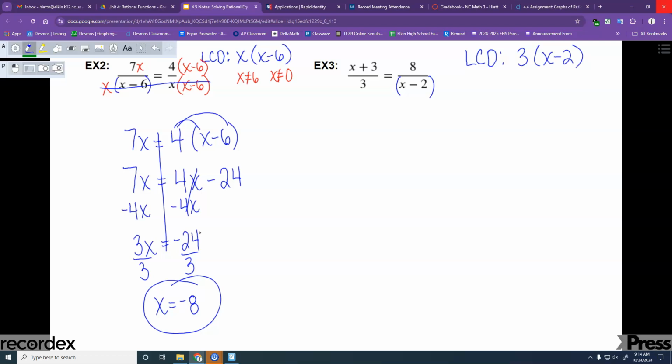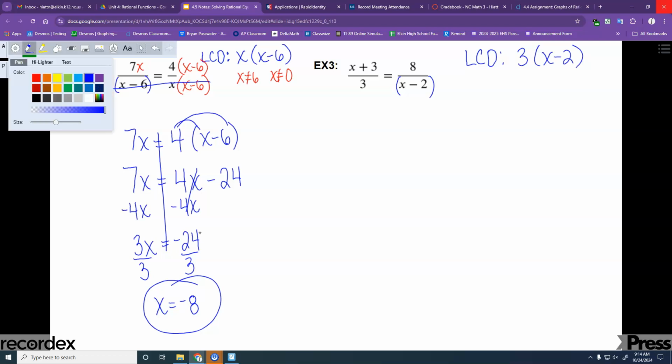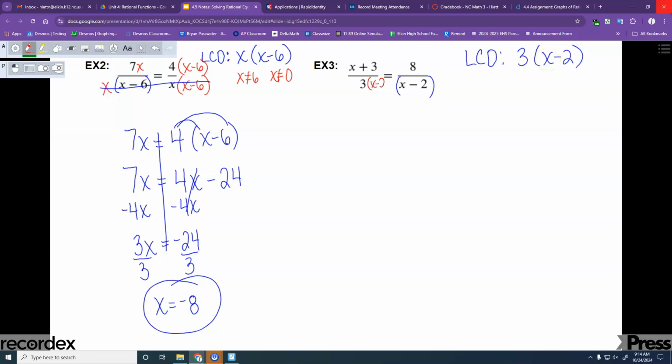What do I need to multiply it by to get 3 times x minus 2? Right now all I've got is a 3. It is missing the x minus 2, right? So I'm going to multiply the bottom by x minus 2. I must also multiply the top by x minus 2.